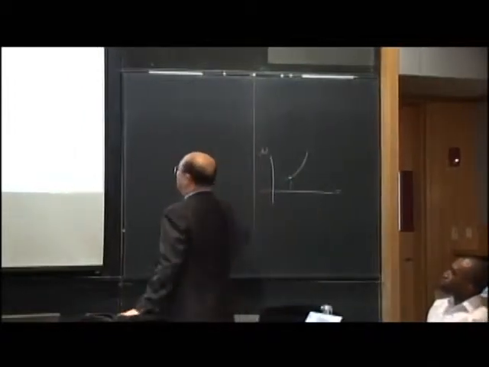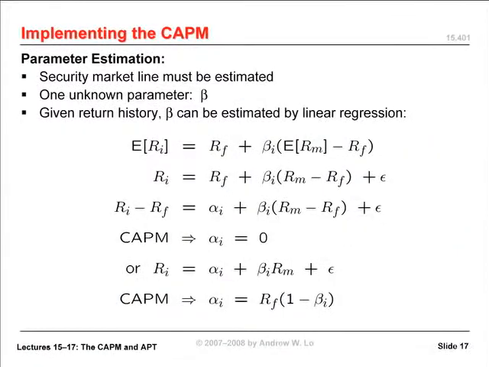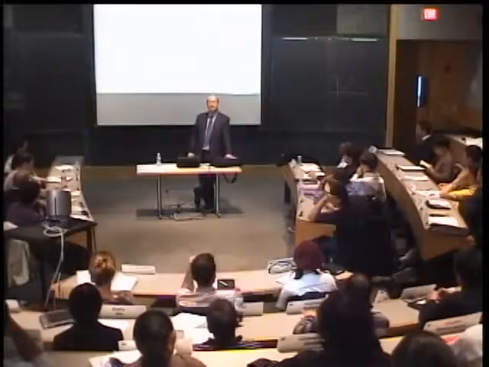Okay, so this is the CAPM relationship using actual data. And if we stick in an alpha term to represent deviations from the CAPM, and I subtract the risk-free rate from both sides just to have everything in excess returns, then the CAPM reduces to the hypothesis that the alpha, across all stocks, all managers, all projects, is equal to 0.